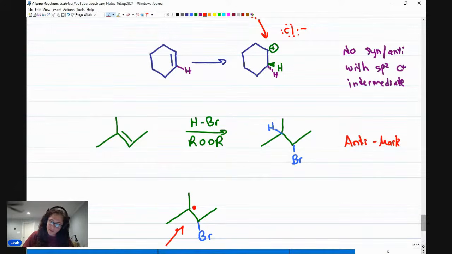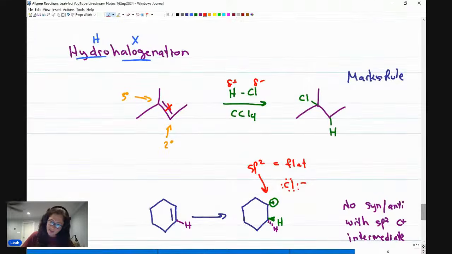I should point out that if the final product is chiral, it's going to be racemic. So I'm just going to put racemic if chiral, and that means I'm going to get 50-50 R and S because of how it adds. And same thing here, this one is achiral, but if it was chiral, it would be racemic for the same reason, because we had a carbocation intermediate.